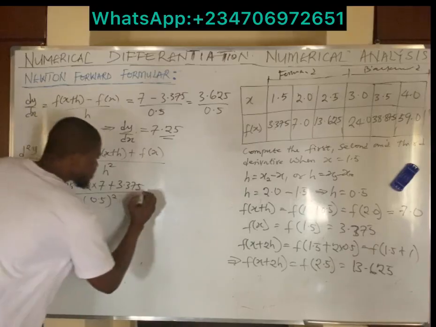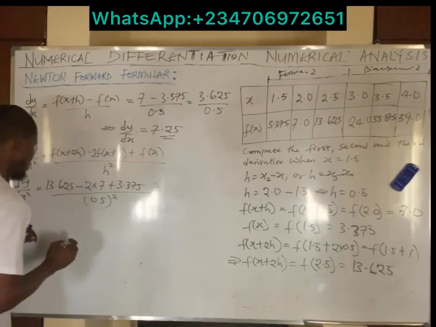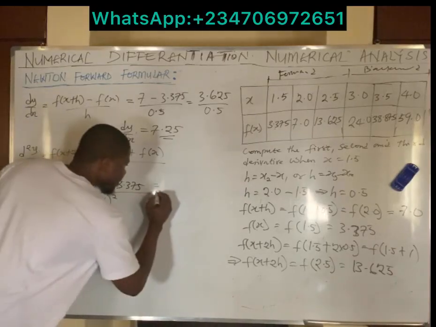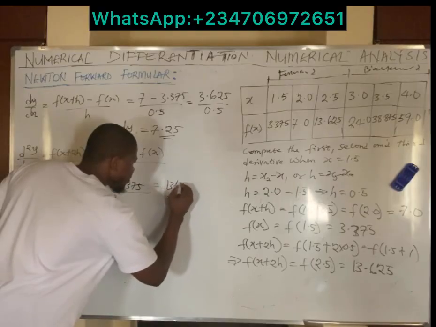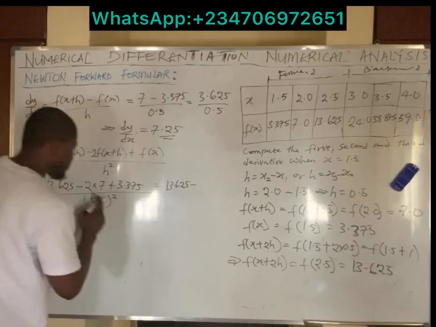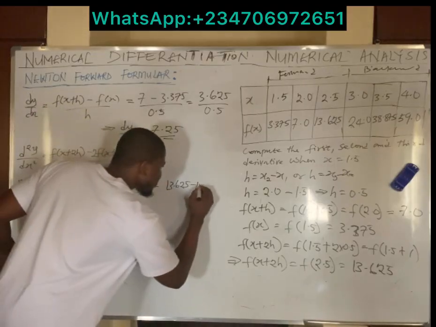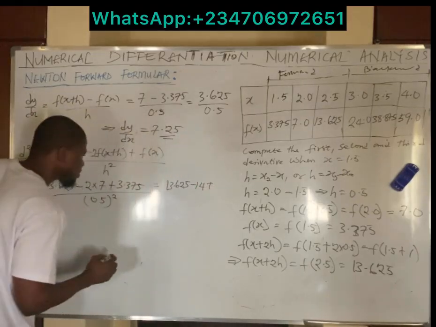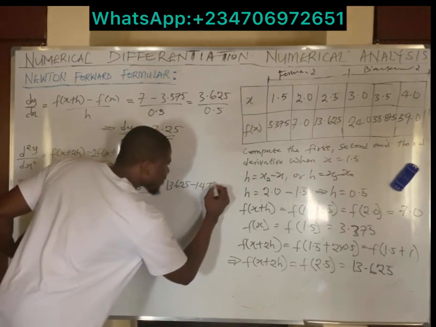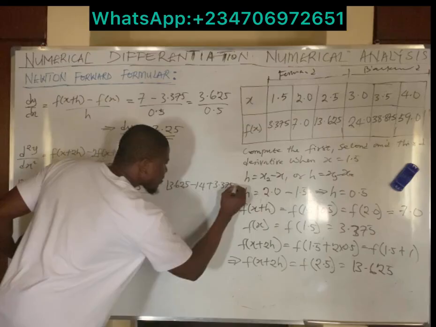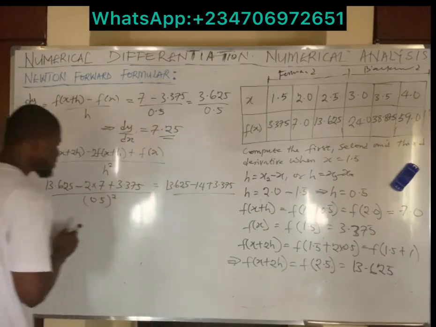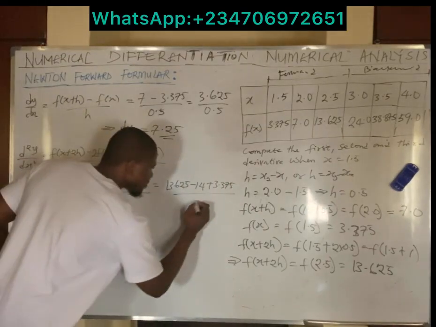So this is equal to 13.625 minus 2 times 7, which is 14, plus 3.375, divided by 0.5 squared, which gives us 0.25.